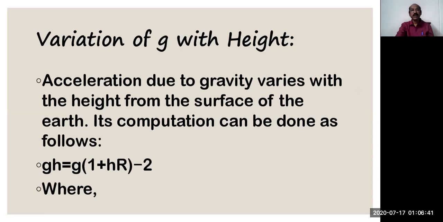Now, g value changes with certain factors. When we go up, as the height is increasing, its value gradually decreases. From the formula, g_h equals g into (1 plus h by R) to the power minus 2.